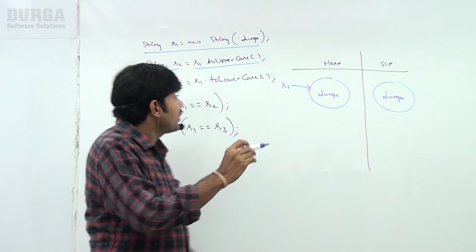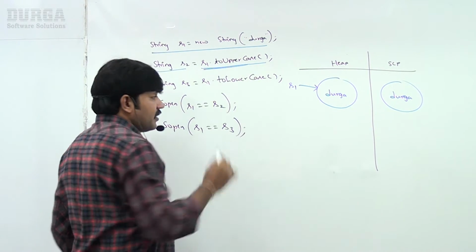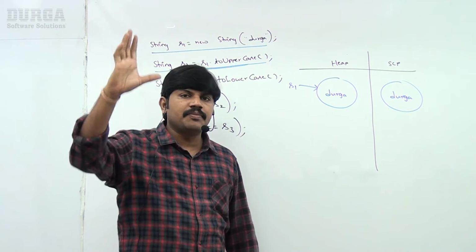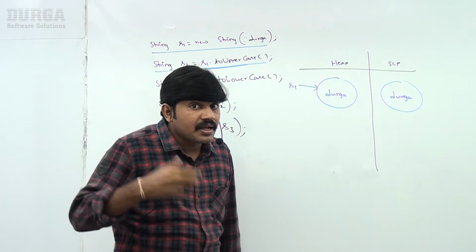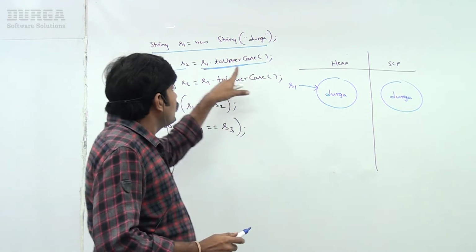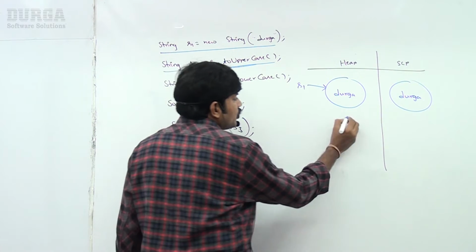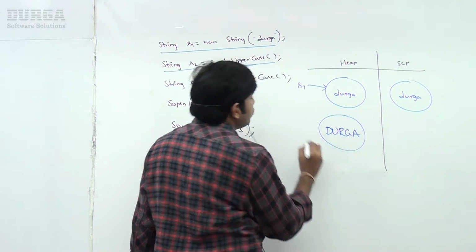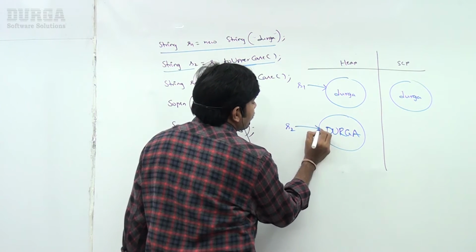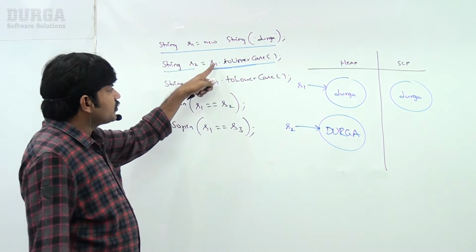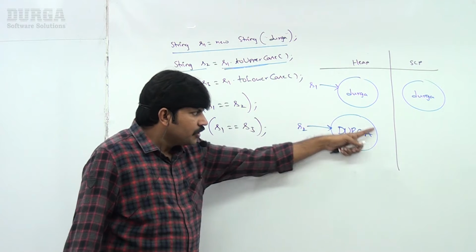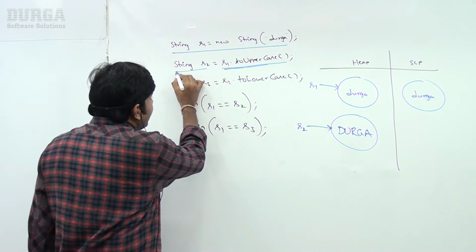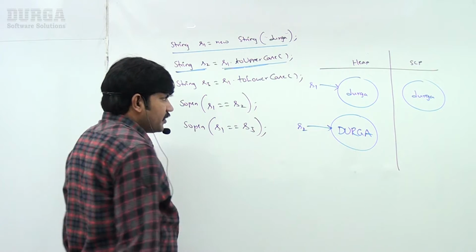Because of a runtime operation, any required object will be created only in the heap area. So toUpperCase gives DURGA, and s2 is the reference variable for that new object.